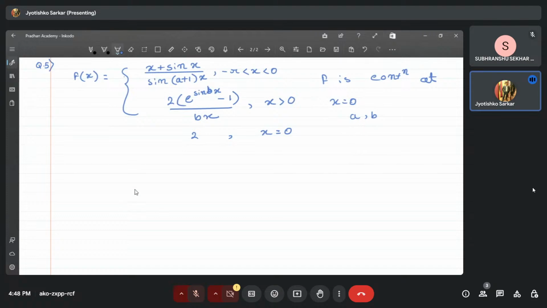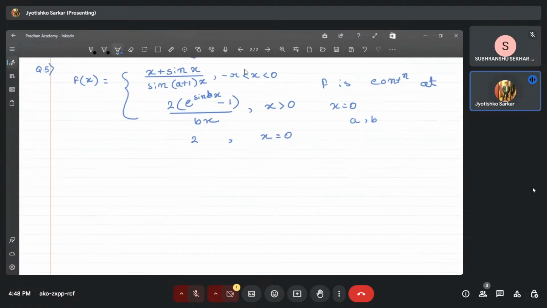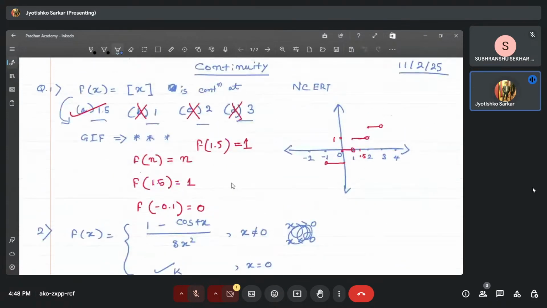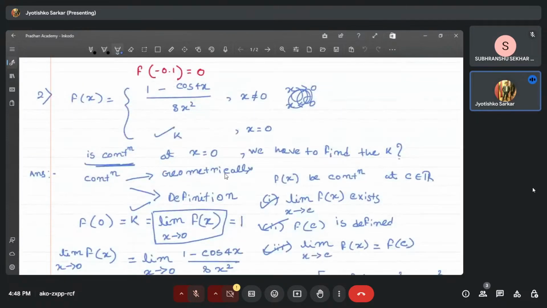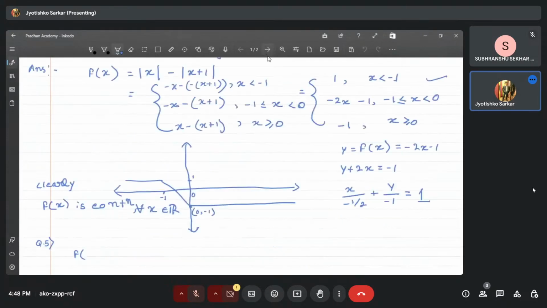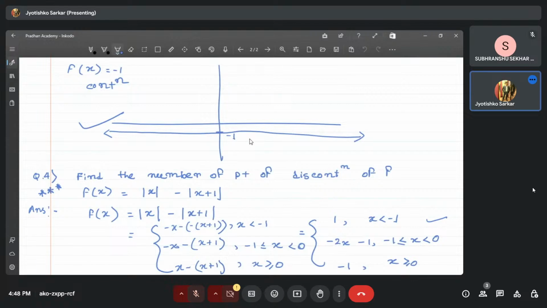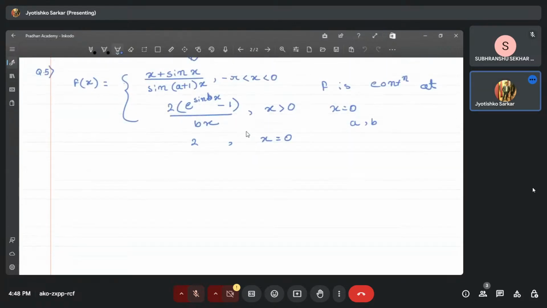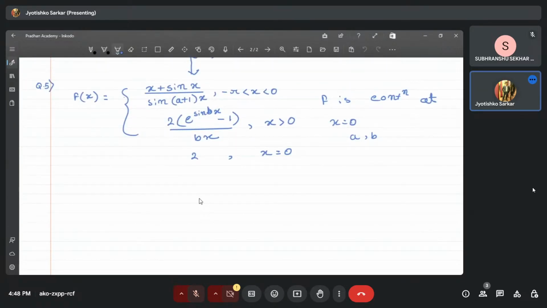Okay, so the same logic we already used at question number 2. So what was the logic?